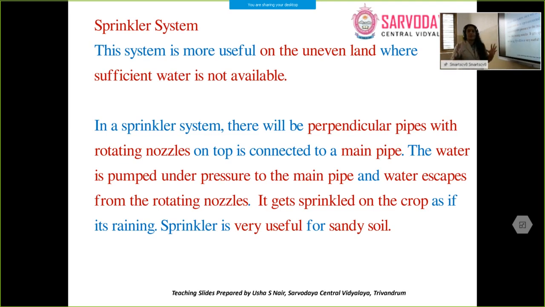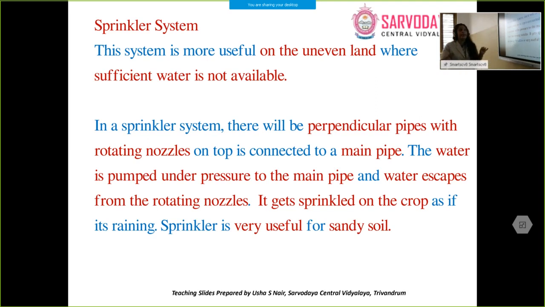You just have to know the structure, how it is done, or how we use it. But when a question is asked, on what type of land is the sprinkler system used, you should be able to answer that. We don't expect you to learn the structure, but at least you will get to know how it is done. That is explained in your text as well, and I have taken that to explain it to you.